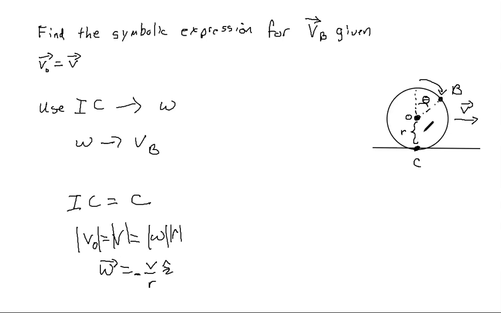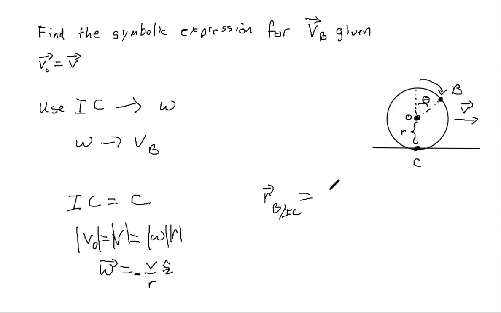I'm after the velocity of point B, so I'm going to need to find R B from the instantaneous center. I start at the center and I want to find the x and y position for point B. So it's going to be R plus R cosine theta in the y direction, and then R sine theta in the x direction.